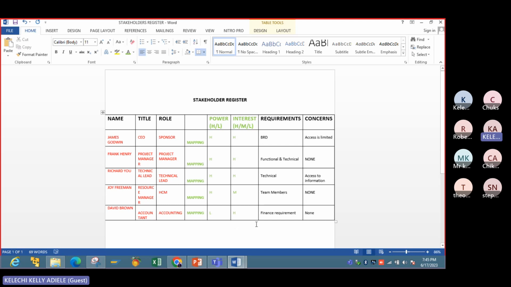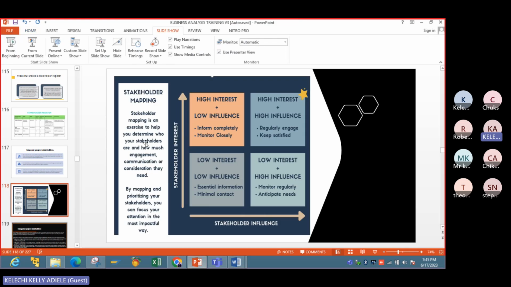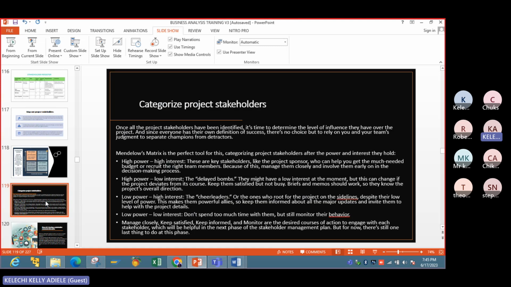So we have done the mapping. The mapping is basically to help you determine who your stakeholders are and how much engagement, communication, or consideration they will be needing. That is the essence of the mapping. High power, high interest: stakeholders like the sponsors.